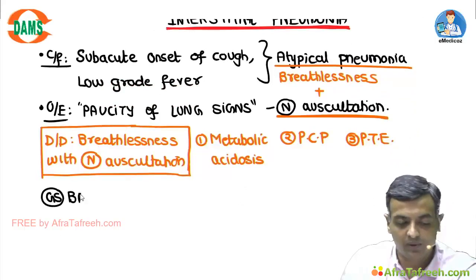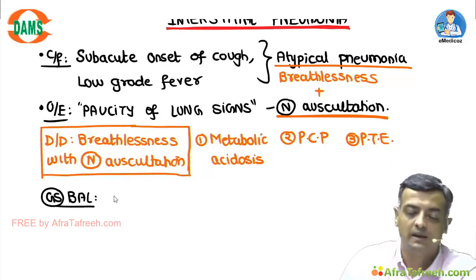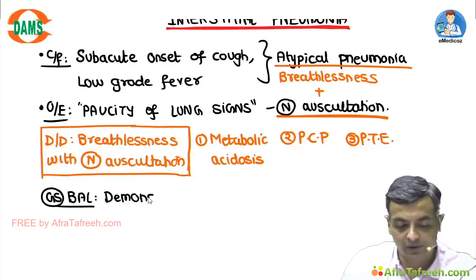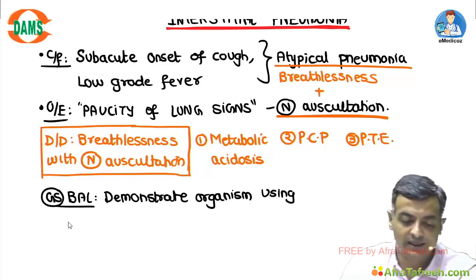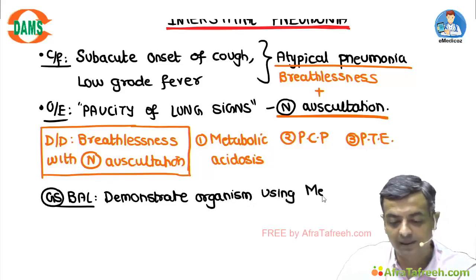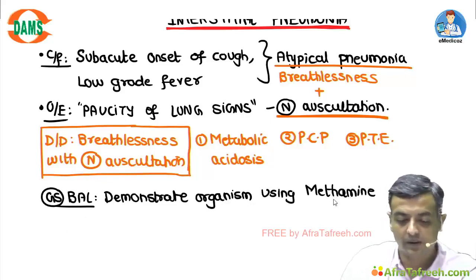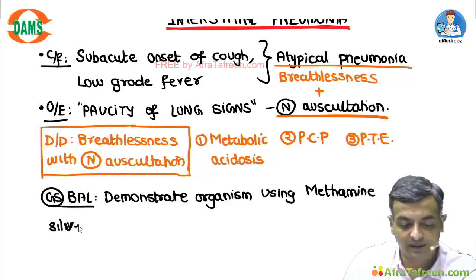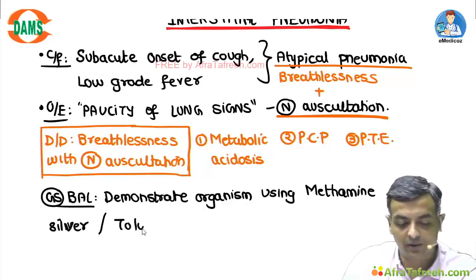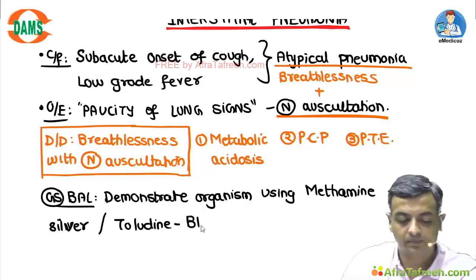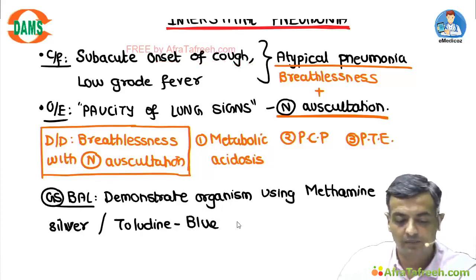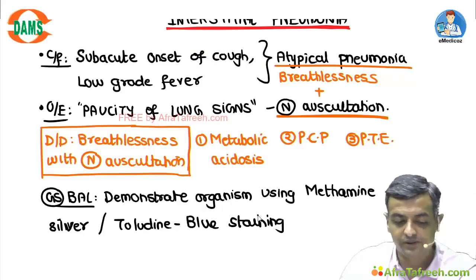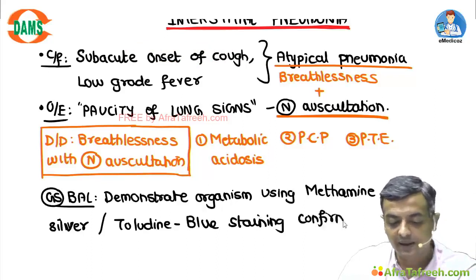You go for bronchoalveolar lavage to demonstrate the organism using the two important stains, that is methenamine silver staining or toluidine blue staining, which can confirm the diagnosis.